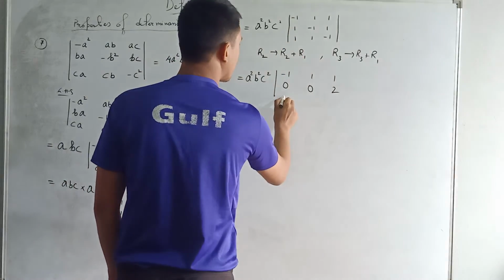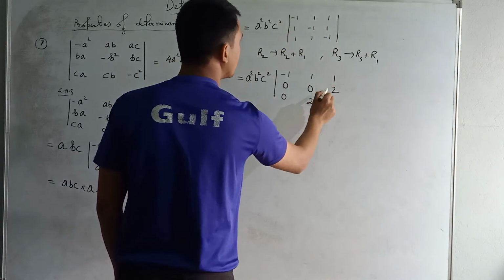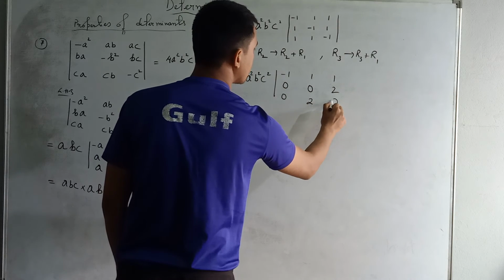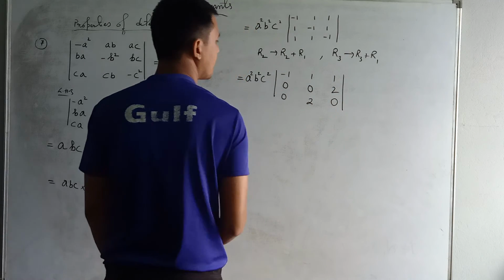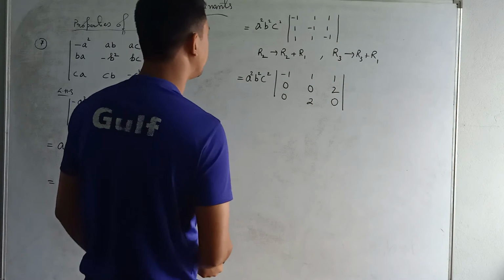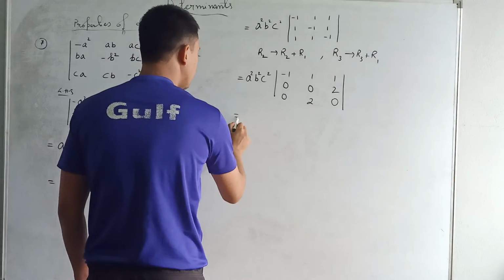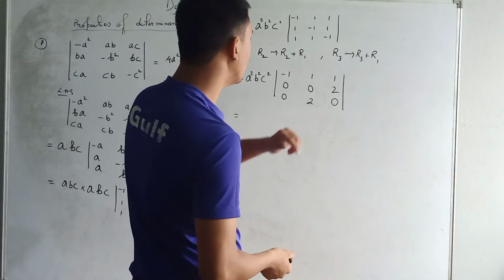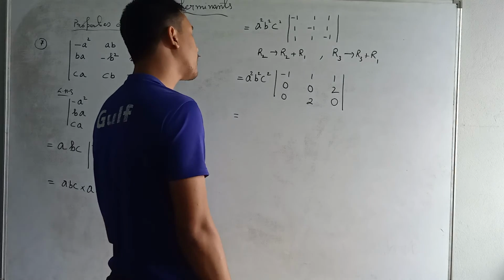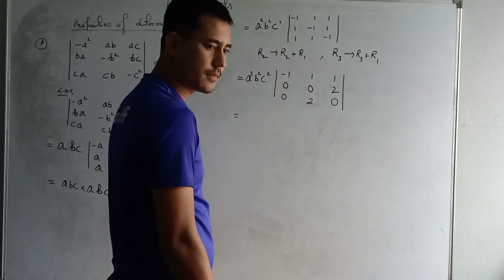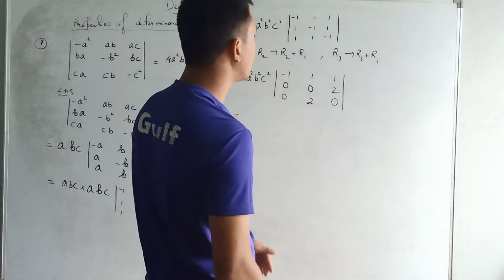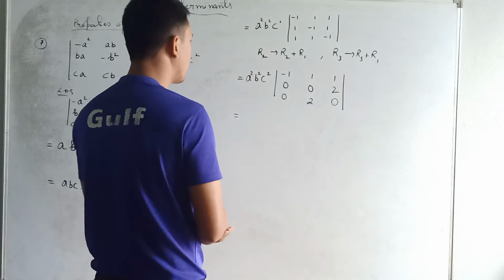This becomes 0, this becomes 2, this becomes 0. Correct? Now, from the second row I can take 2 common, and from the third row, I can take 2 common.